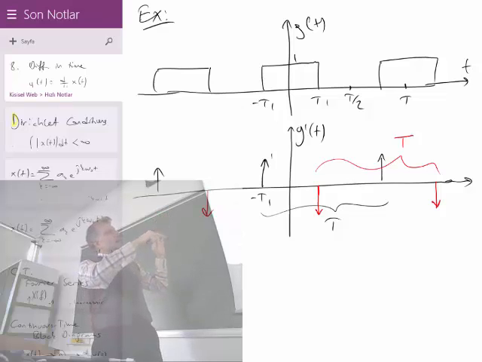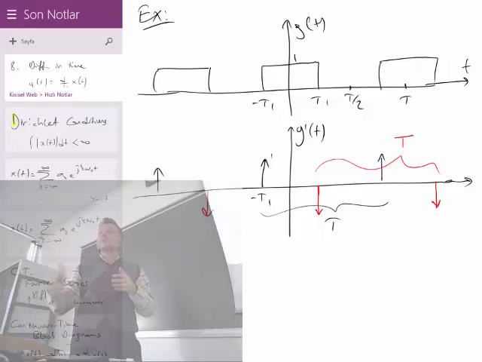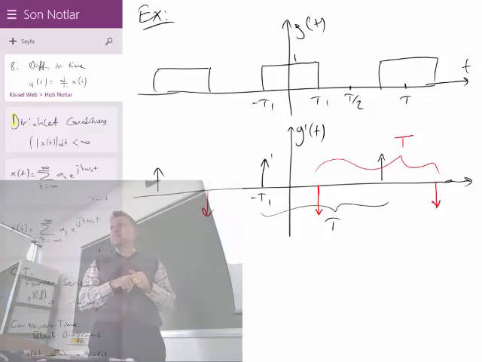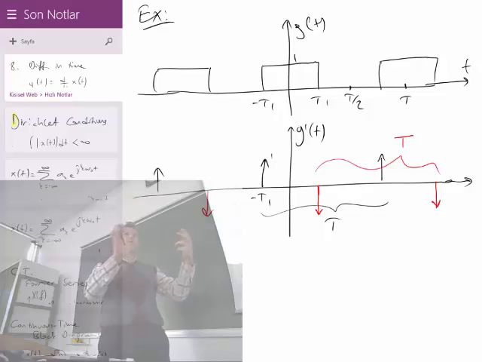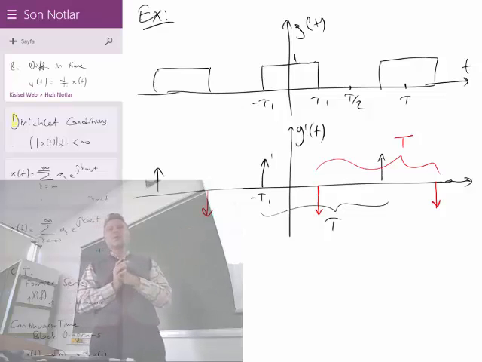Then for the red impulse train, it is negated, so the Fourier series coefficients are of course negated. And then shift it towards right. By shifting towards right, this time you will multiply again with another complex exponential. Okay? So two complex exponential multiplied terms of 1 over T. Then what are you going to do? You are going to combine them, add them up, because they have the same periods.